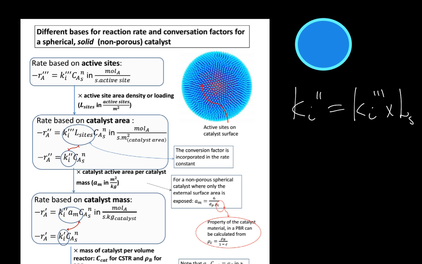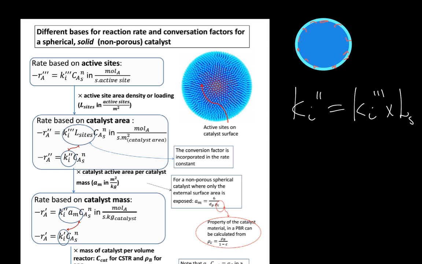So in other words, if I change the catalyst, if I increase or decrease the amount of catalyst active sites that I have, the loading density, I will therefore change my area-based rate constant. But normally, we would be interested in expressing our rates per kilogram catalyst that we add to our reacting system, so that our independent variable is actually the mass of catalyst.